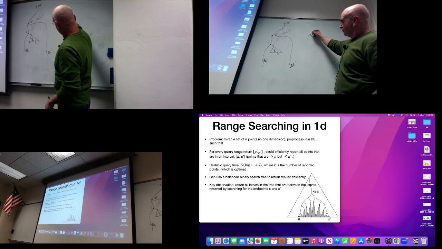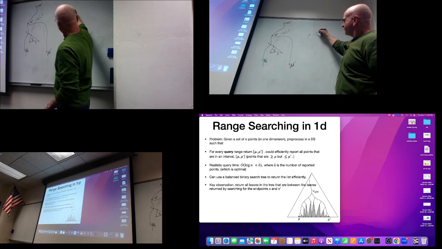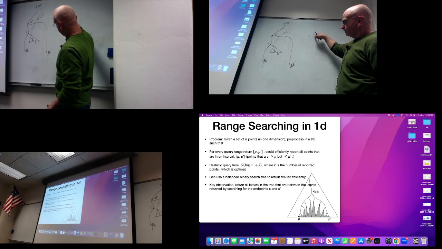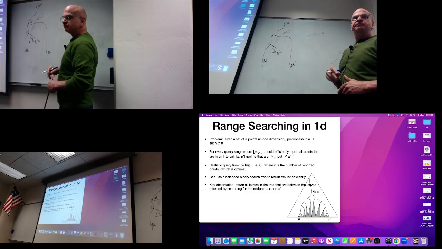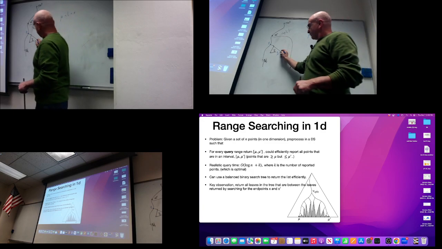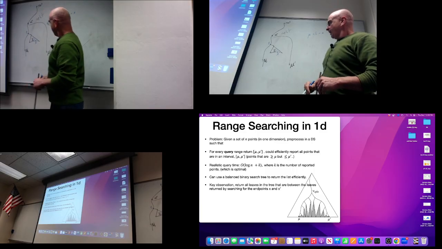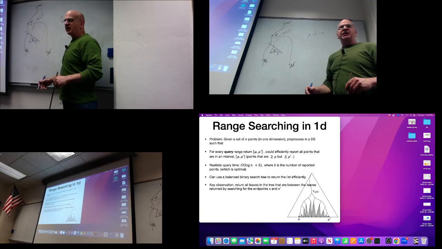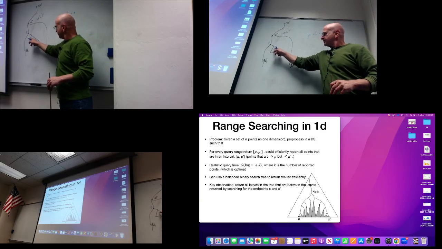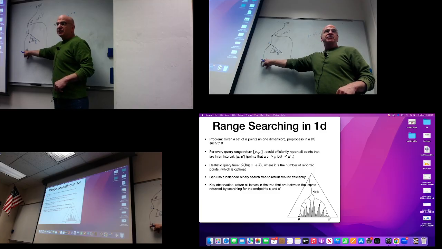So mu, in turn, is smaller, let's assume all values are different, smaller than t, which is in turn smaller than x. So all these guys in this subtree are all smaller than x. Everybody in this subtree is larger than mu.